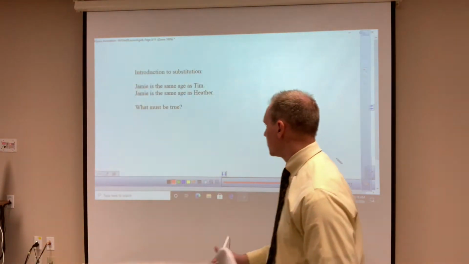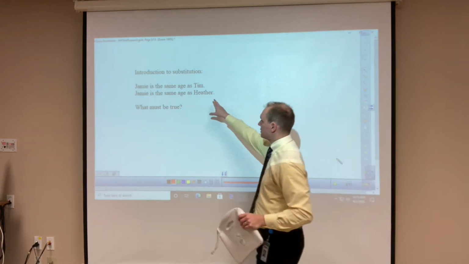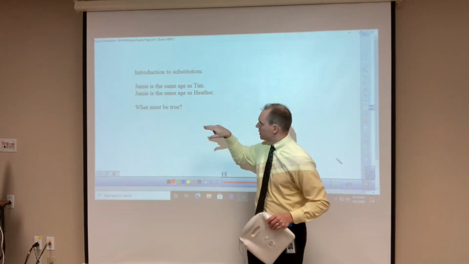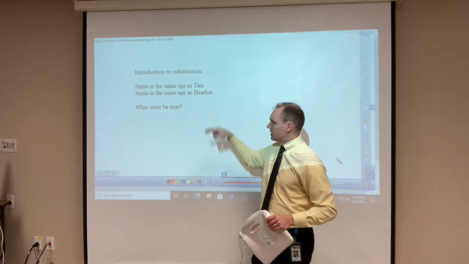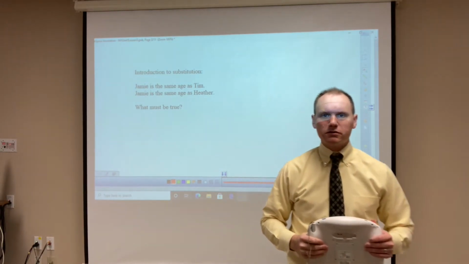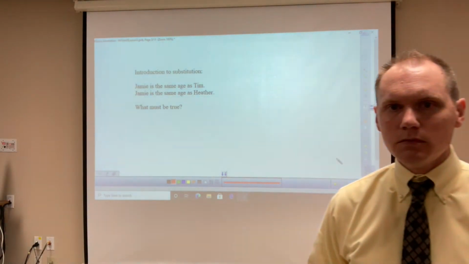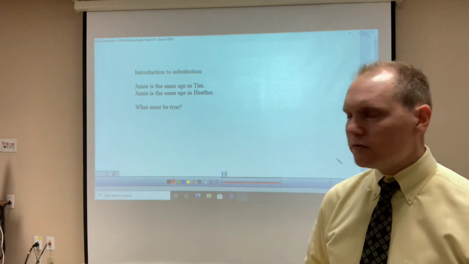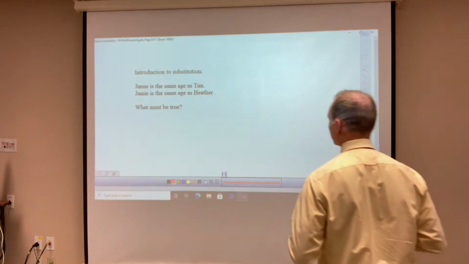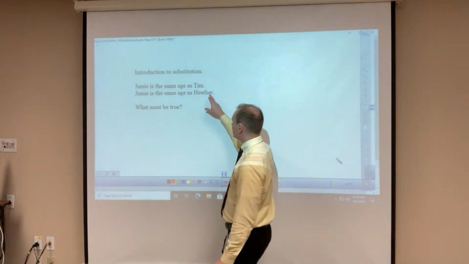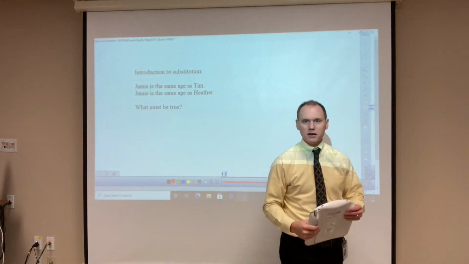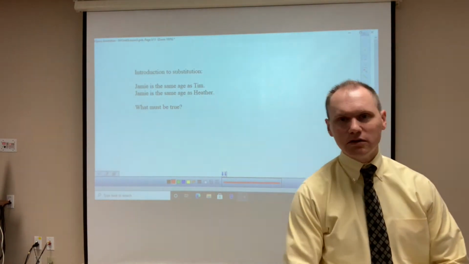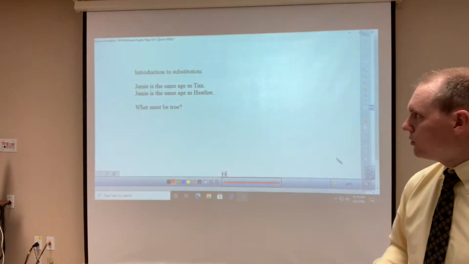So we've got the situation here. It says, Jamie is the same age as Tim. Jamie is the same age as Heather. So what must be true? Well, hopefully you're thinking, if Jamie is the same age as Heather, and Jamie is the same age as Tim, then that means that Tim and Heather are the same age, right? This is what we call the transitive property, and really we can substitute in.